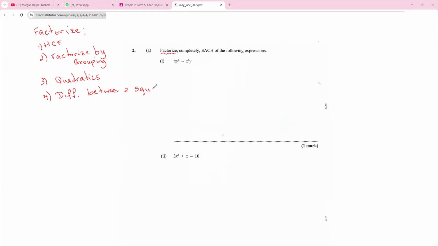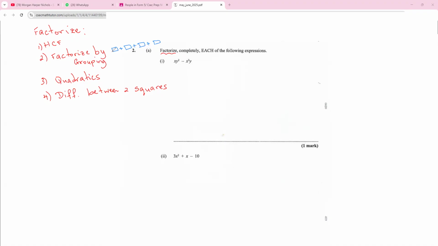So when you see factorize, you know it's one of these 4. Now, make sure that we could understand which type to use. We know when we're factorizing by grouping, you must have 4 terms. So if you have 4 terms separated by either an addition or a subtraction sign, you know you're going to factorize by grouping.